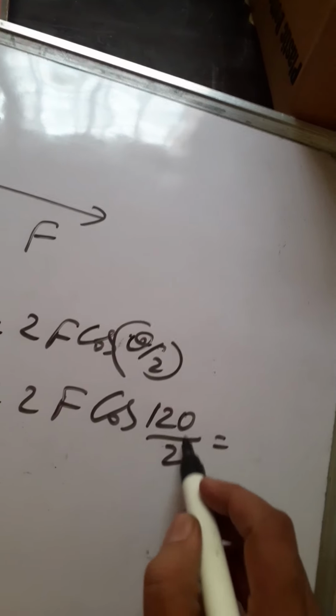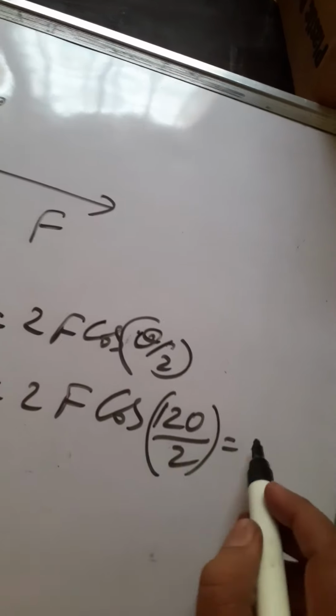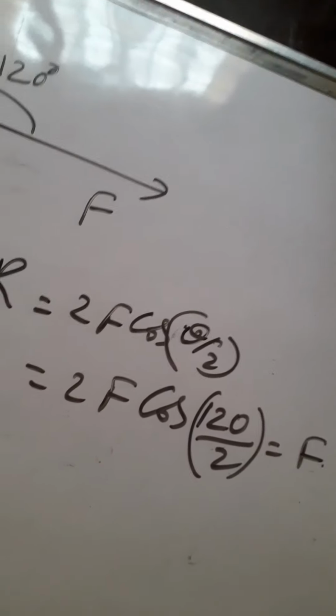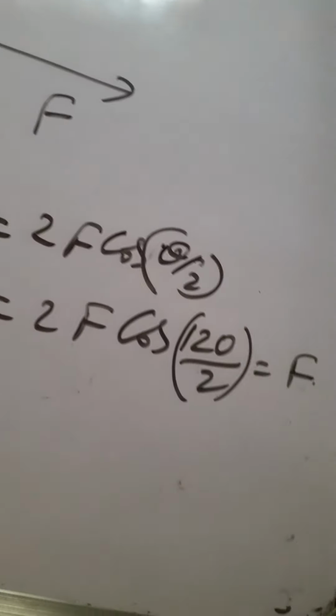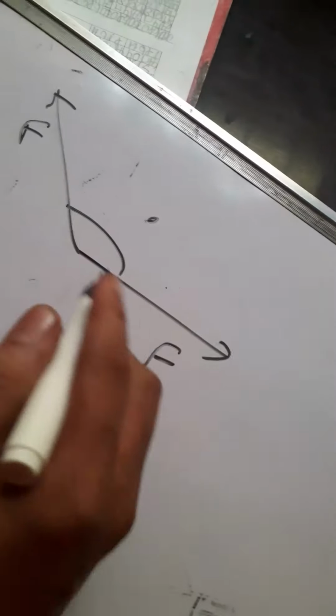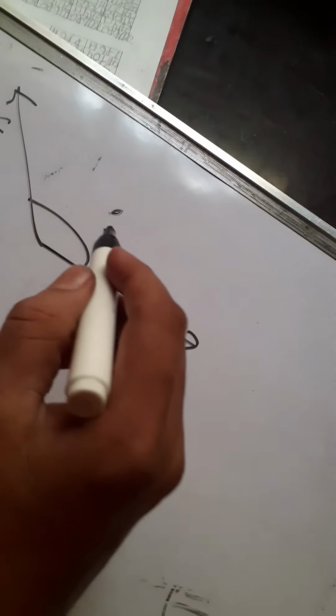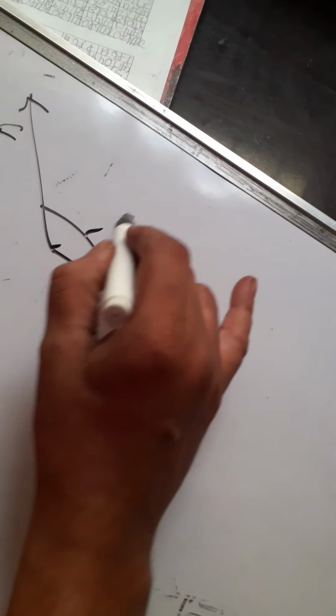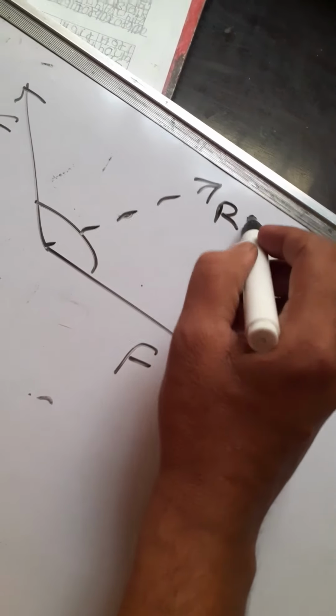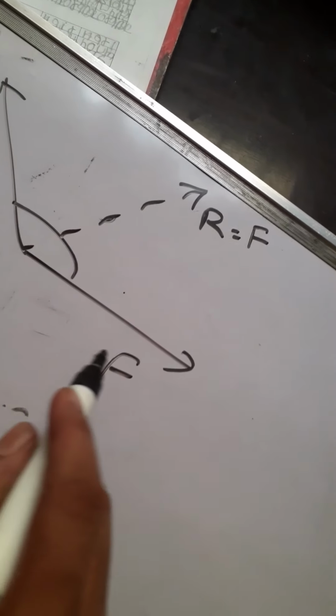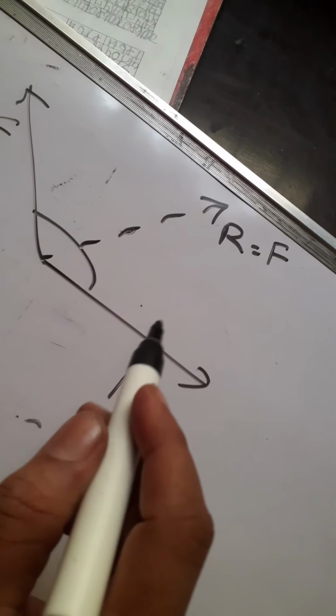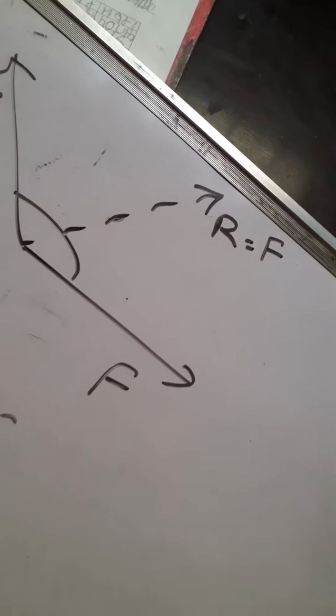So cos 60 is 1 by 2. 1 by 2 means we get F. Same problem we can go in reverse way. The resultant of two equal magnitude vectors is also equal to the magnitude of either.